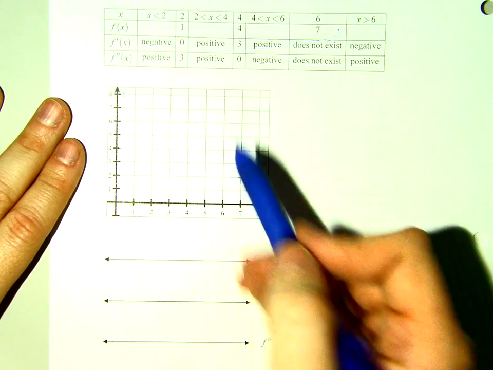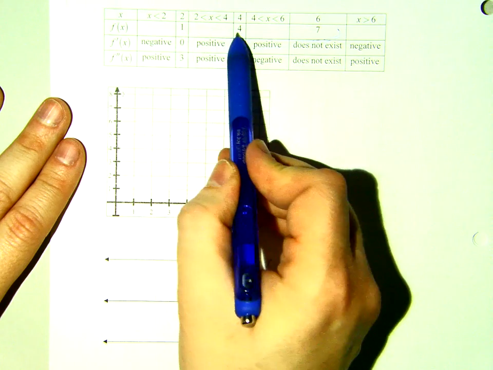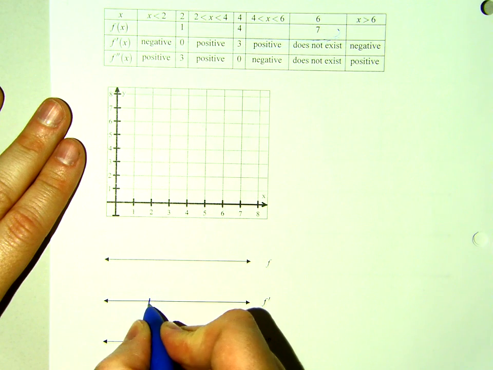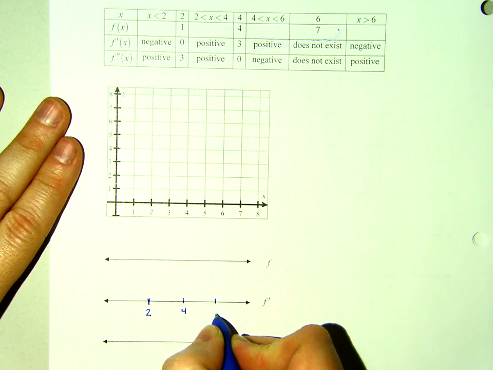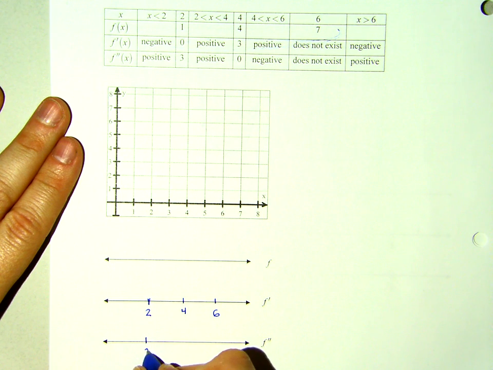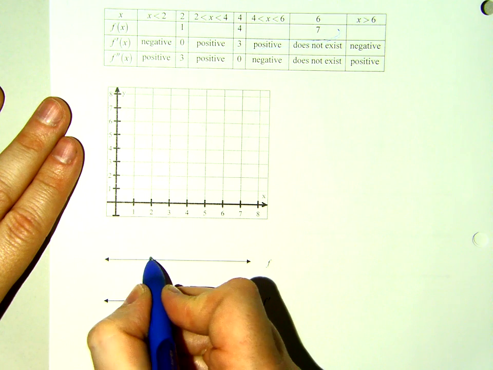And I think I'm just going to make all my number lines have tick marks at 2, 4, and 6. I do want the tick marks to match with the tick marks on the graph.